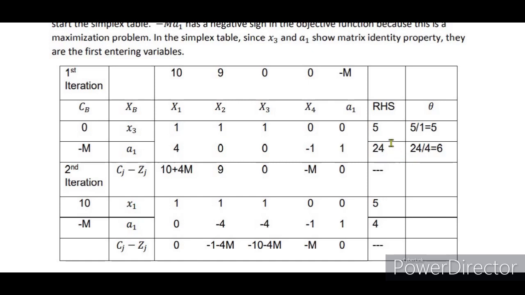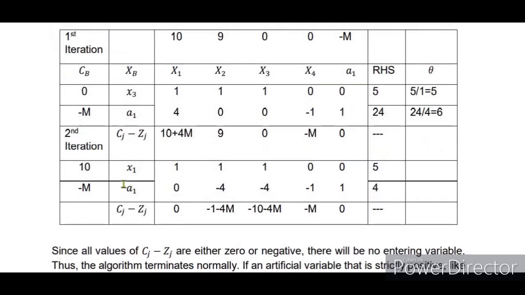Next, the value of RHS here is 24, so 24 divided by 4 is 6. So the smallest positive value of theta is 5. So now we will replace x sub 3 by x sub 1. You notice in our second iteration, x sub 3 is replaced by x sub 1.